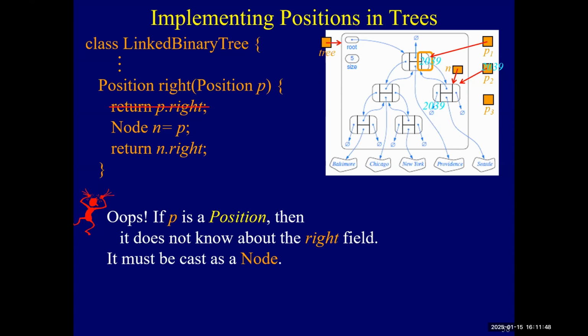Like the beginning of the binary tree. So let's say Chicago and New York. I think we're going to get there, but if you wanted to get to Chicago, you would start at the root and then you'd go left, and now you have some variable pointing at that node, and then you would say, give me your data, give me your element field, right?